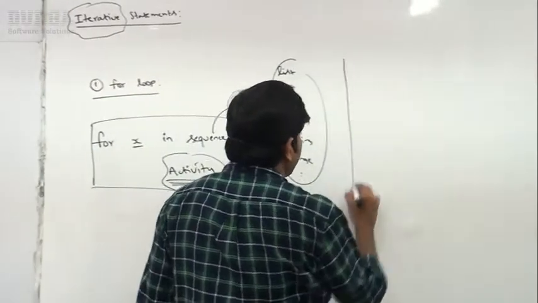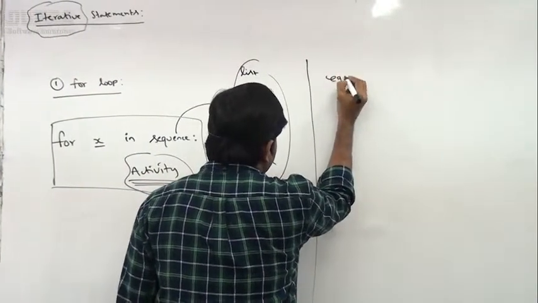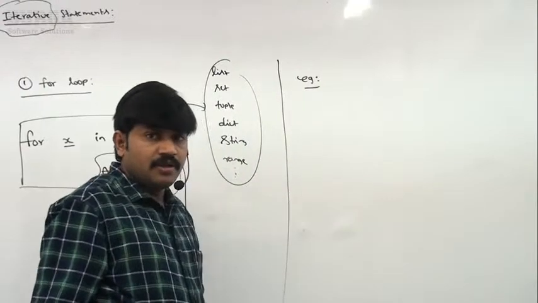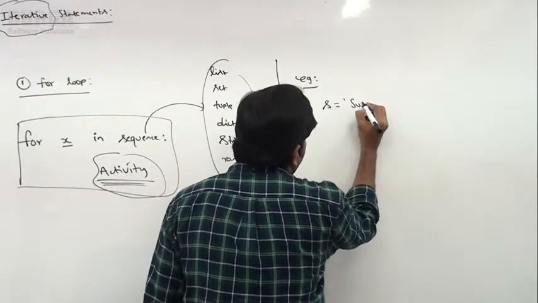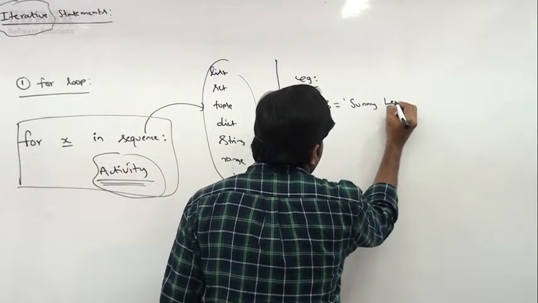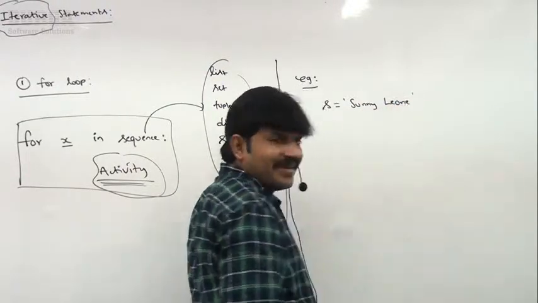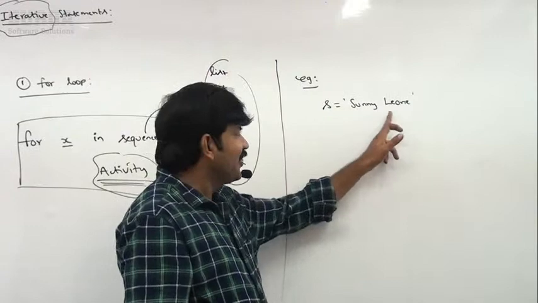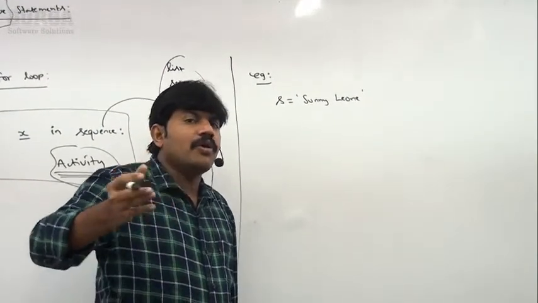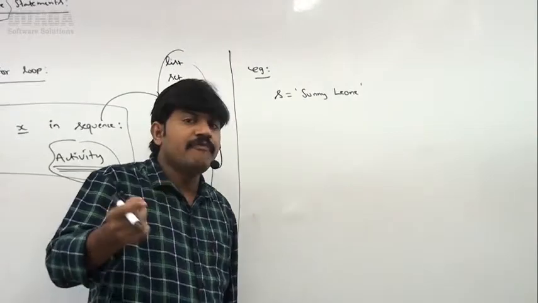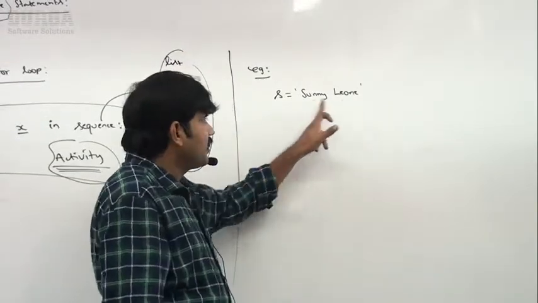Very simple example. Let me go for that. I have one string. Assume that my string is s equal to Sunny Leone. Now, sir, I want to print every character present in this string.